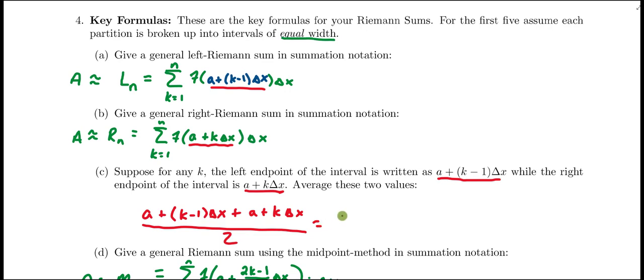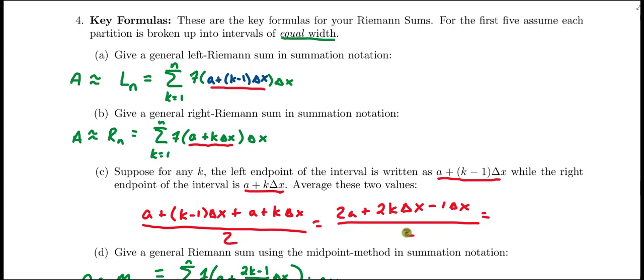And so if we do so, in the numerator I'd have 2 a's added together. I'd also have 2 copies of k delta x added together, and I would have a minus 1 delta x, all divided by 2. There's lots of ways I could then write this.